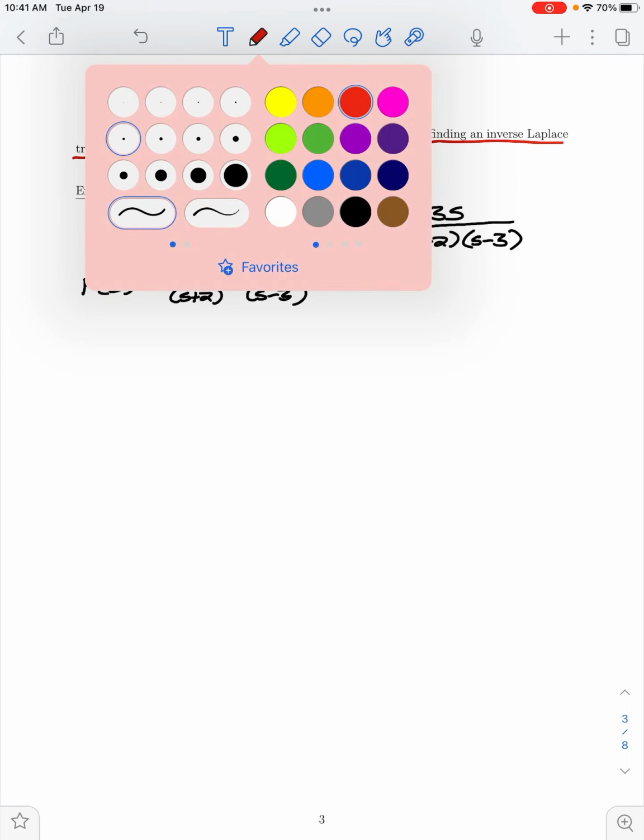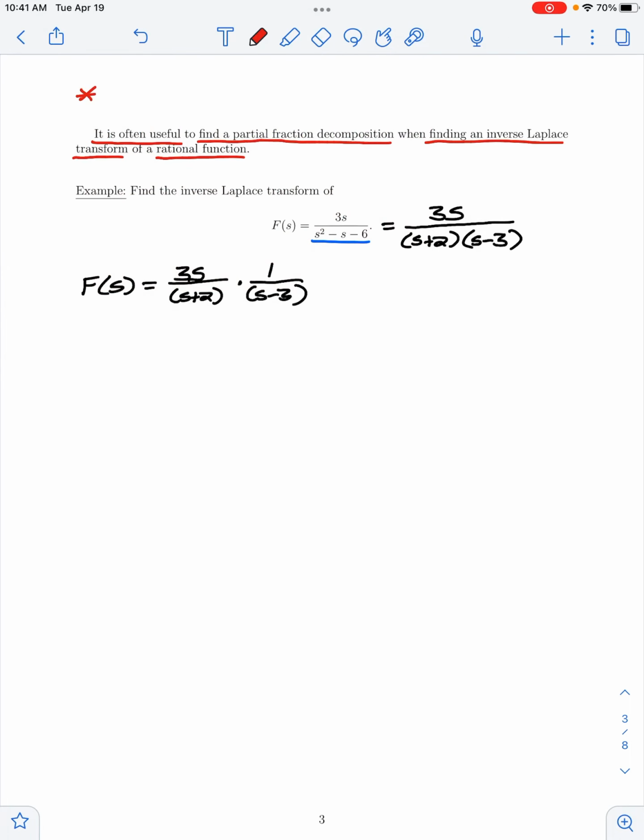However, something important to note here, let me stress this in our notes, the inverse transform of a product of 2 functions, let's say f of s and g of s, is not simply the product of the inverse transforms.